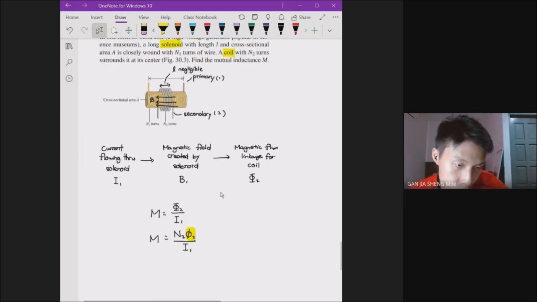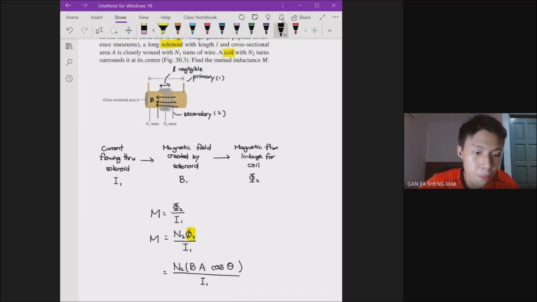If you break open the magnetic flux through coil 2, it becomes BA cos theta. I haven't labeled the subscript yet, so let's label it together. The B over here is the magnetic field that passed through coil 2, but it is created by the primary one, solenoid 1.